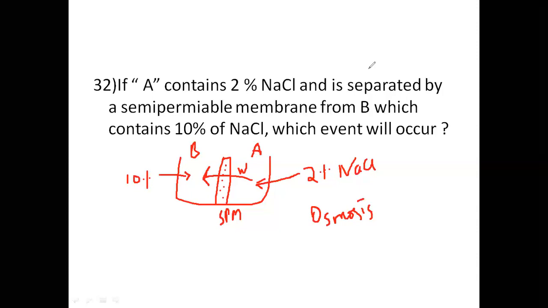Just see this one now. A compound MX2 has observed and normal masses. The normal mass is 65.6 and the abnormal is 164. See, this MX2 compound has observed and normal masses as 65.6 and 164.